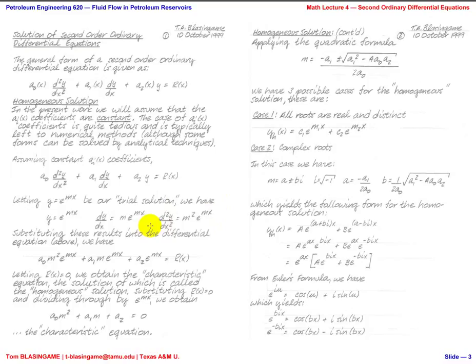A requisite for this to be a solution is that both sides of the equation must be equal, right? So if you substitute all these three terms in this differential equation, R of x must be equal to the other side of the equation, right?